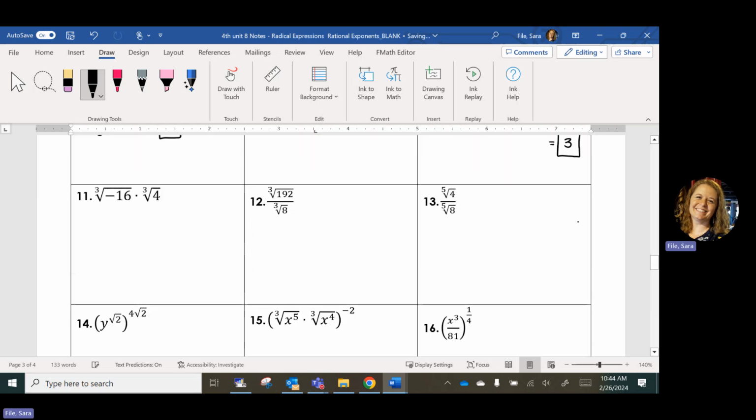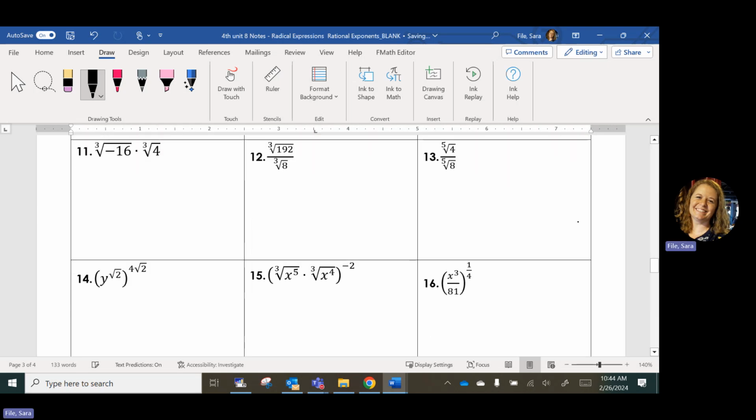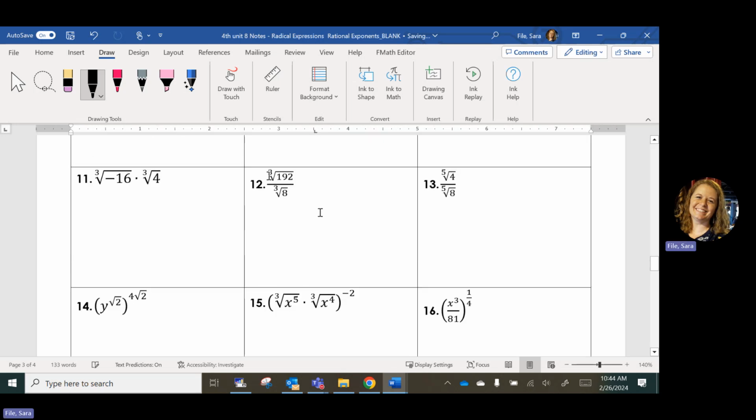All right, in 11, we've got 2 different radicands, but the radicals are the same. See how they're both a 3 index? So if I wanted to rewrite that as 1/3 powers, I could. This is the same rule as the power of a product rule.